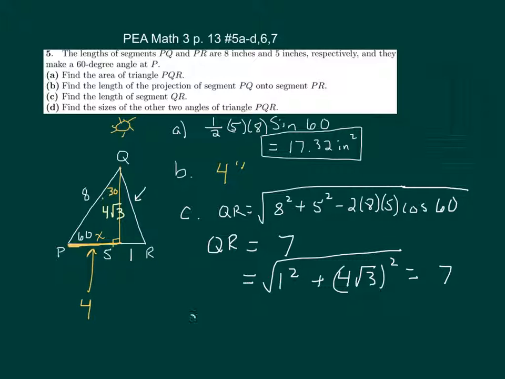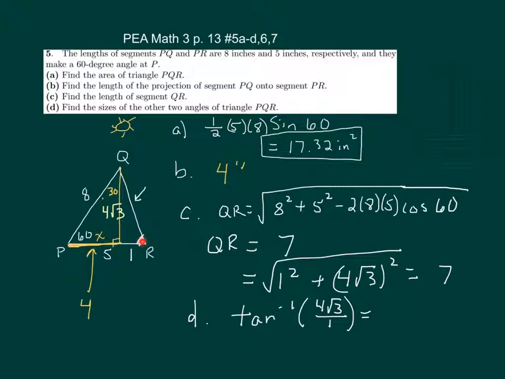Okay, now D. Find the other two angles of PQR. How are we going to find an angle here? Inverse, yeah, we could use inverse tan. If we want to find R, for instance, right here, we could do arctan of 4 root 3 over 1.